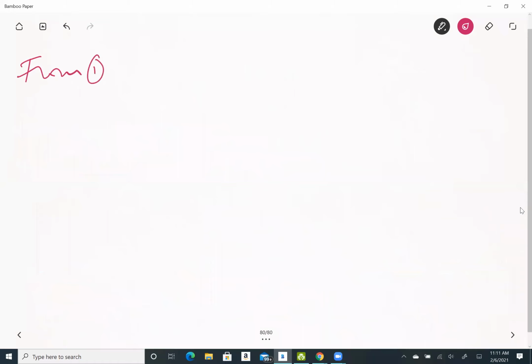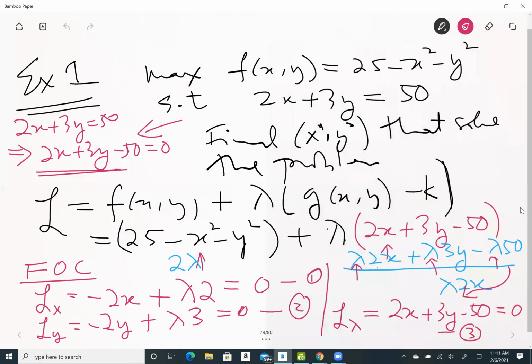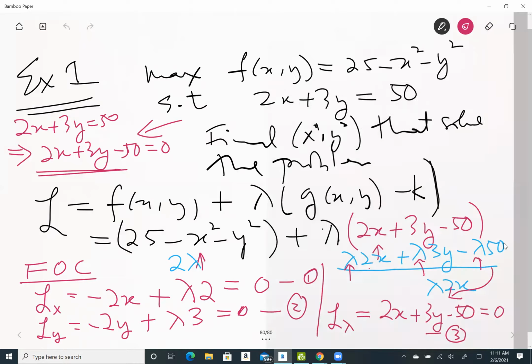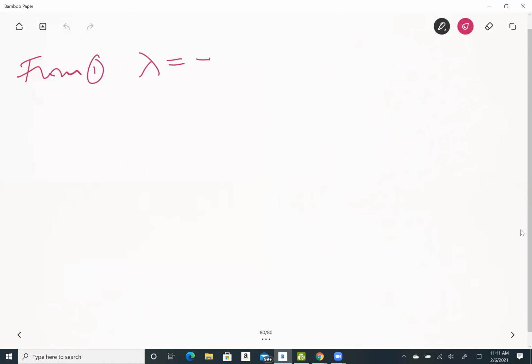From number 1, you got lambda equal to negative 2x, kan? Negative 2x you bring to the other side, so that will be 2x, and divided by 2.